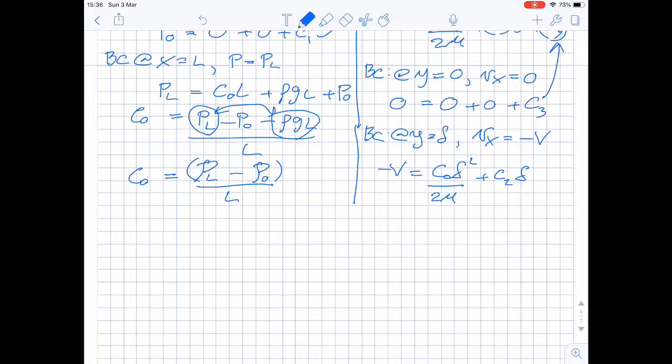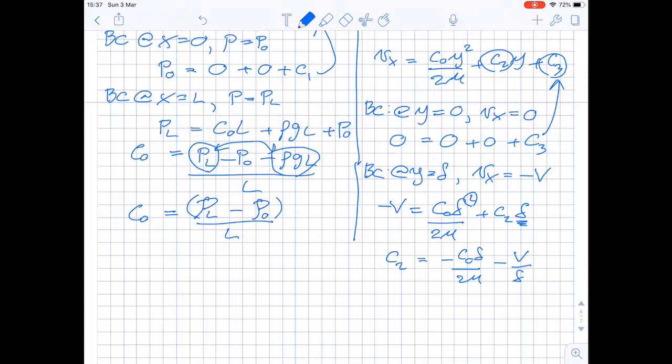So in this case, you can have C2 equal to minus C0 delta over 2 mu, because one delta over here would cancel out with the delta over there, and then minus V over delta.